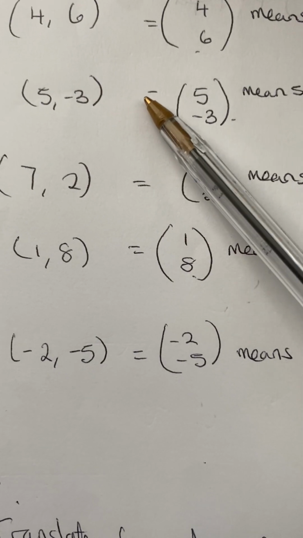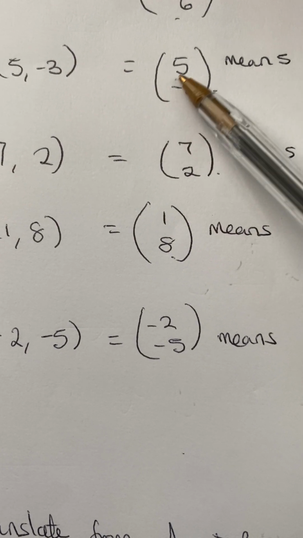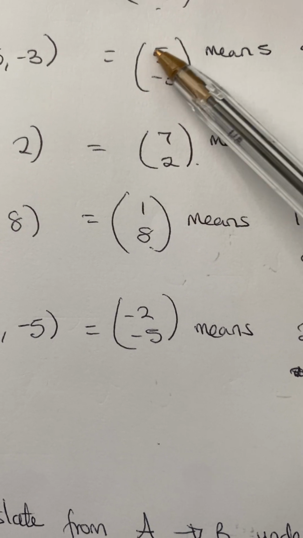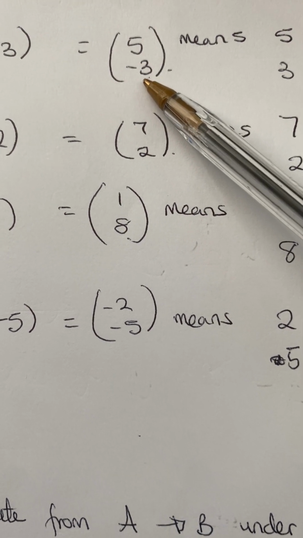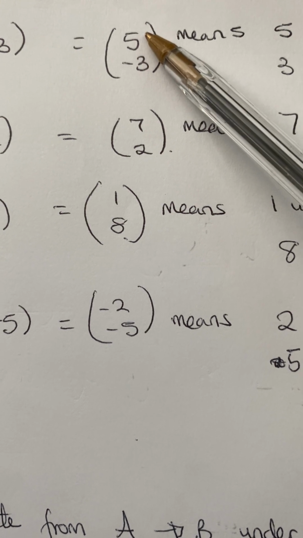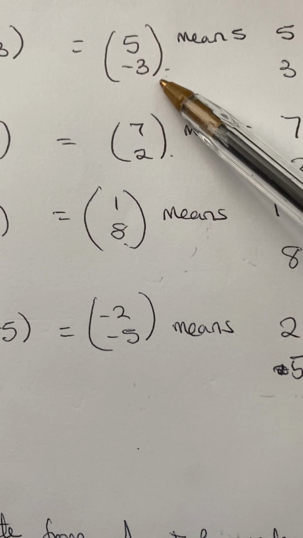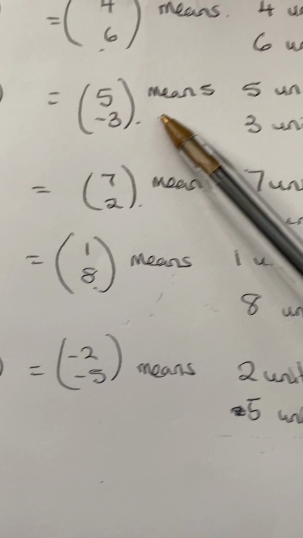Now 5 minus 3, in a vector form, will be written as 5 minus 3. The question will give it to you as 5 minus 3 for your translation.